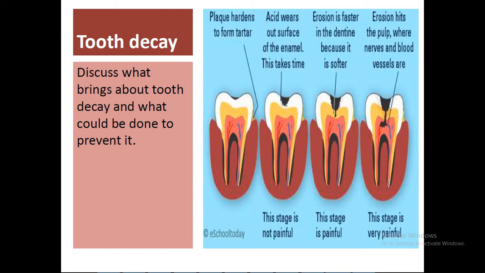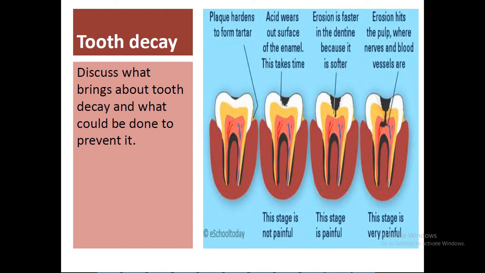Tartar is produced at your gums. Second, acid wears out the surface of the enamel. This takes time. The acid starts to continuously decay the white part of the tooth. This stage is not painful.